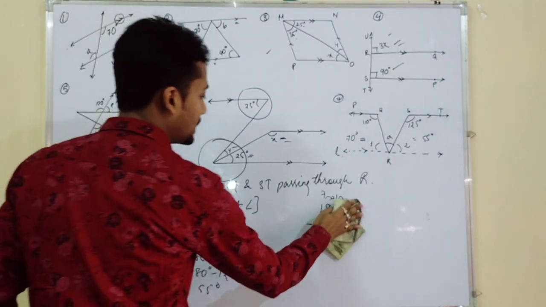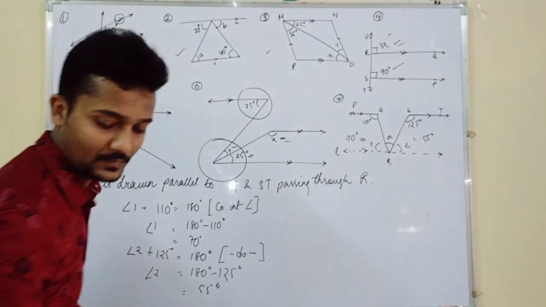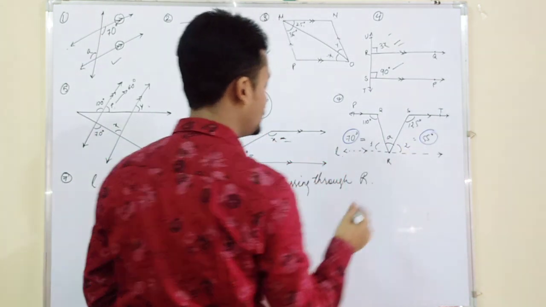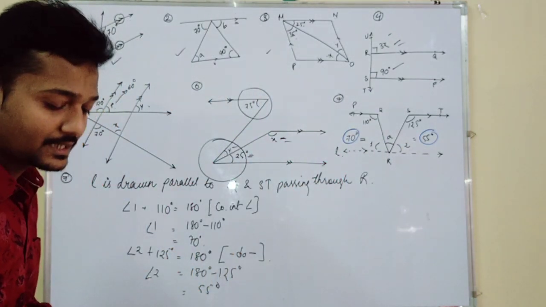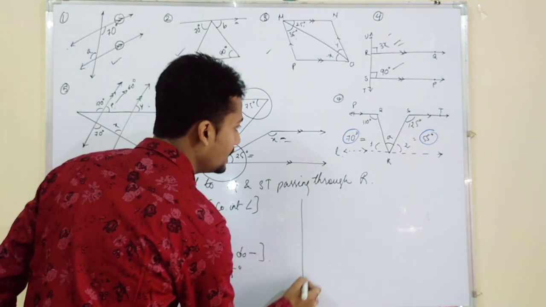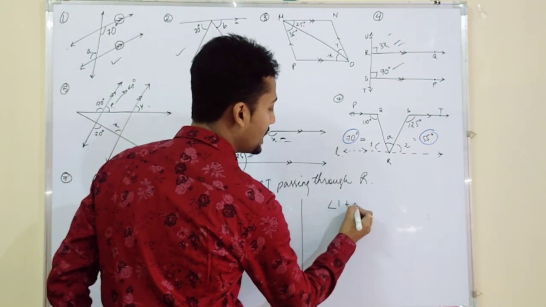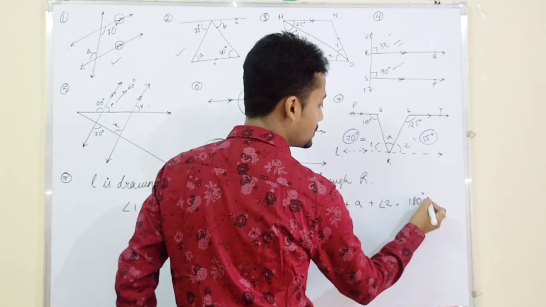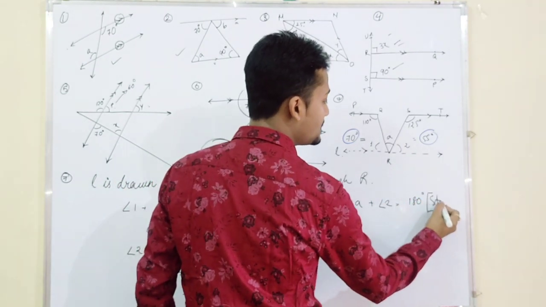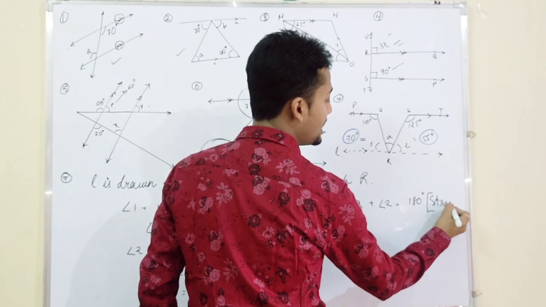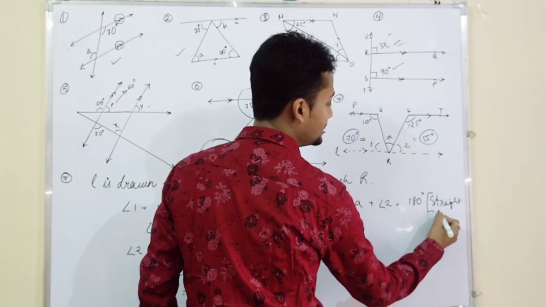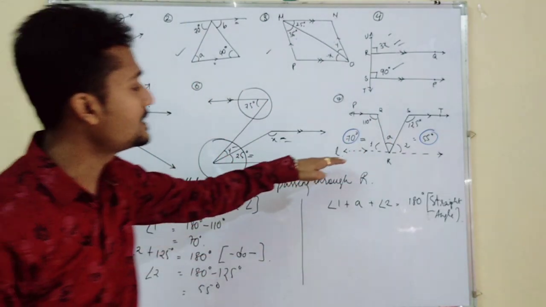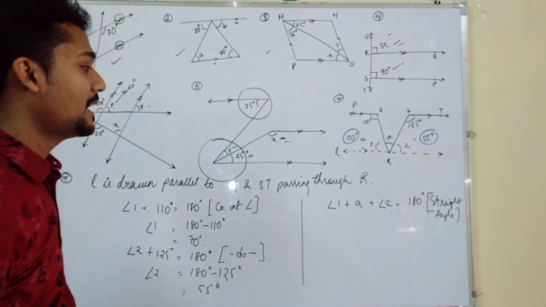See properly. Now just see here, angle 1 plus A plus angle 2 is equal to 180 degree. Yes or no? Because they are straight angle, isn't it? If we add together, we will get this particular angle, which is a straight angle.